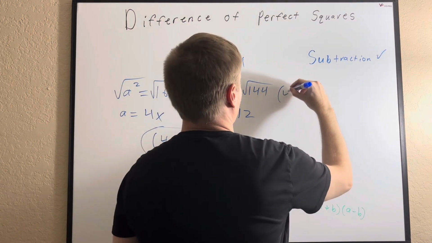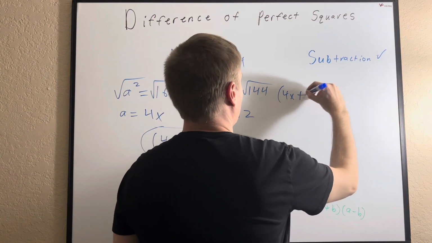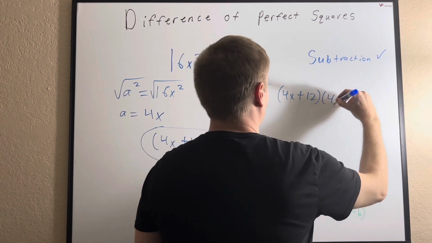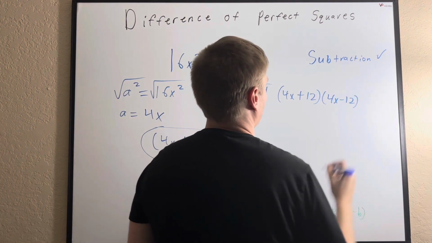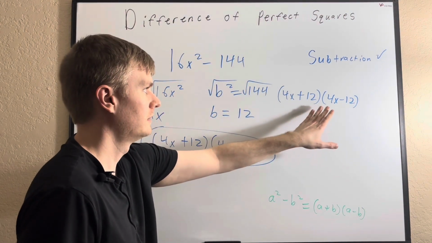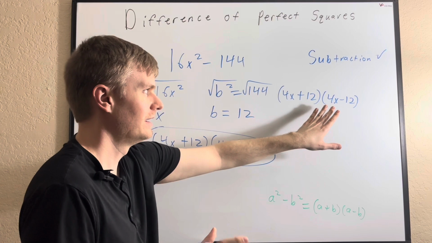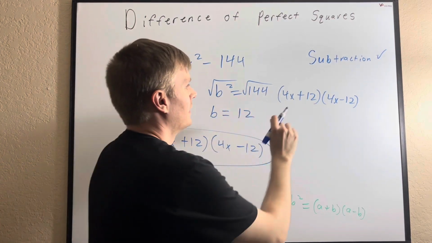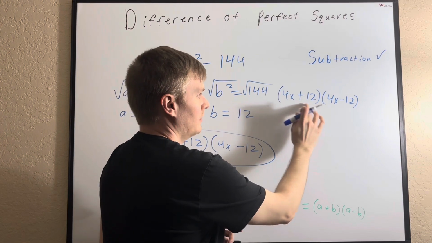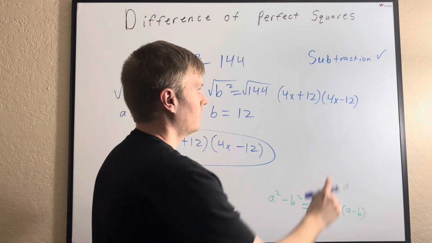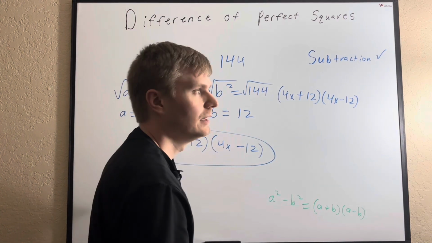These two binomials together are called conjugates of each other, which means something different in biology. But I digress. It means one has the positive in the middle and one has the negative in the middle. Everything's the same except for those signs in the middle there.